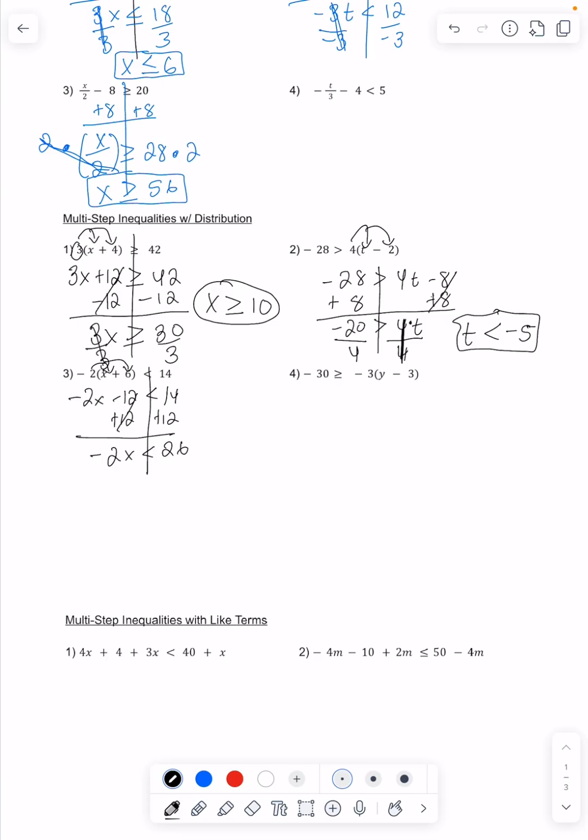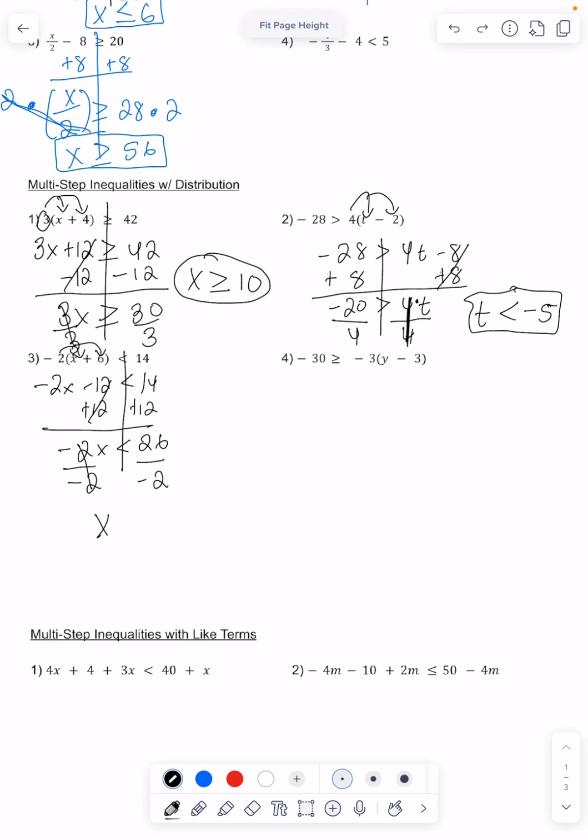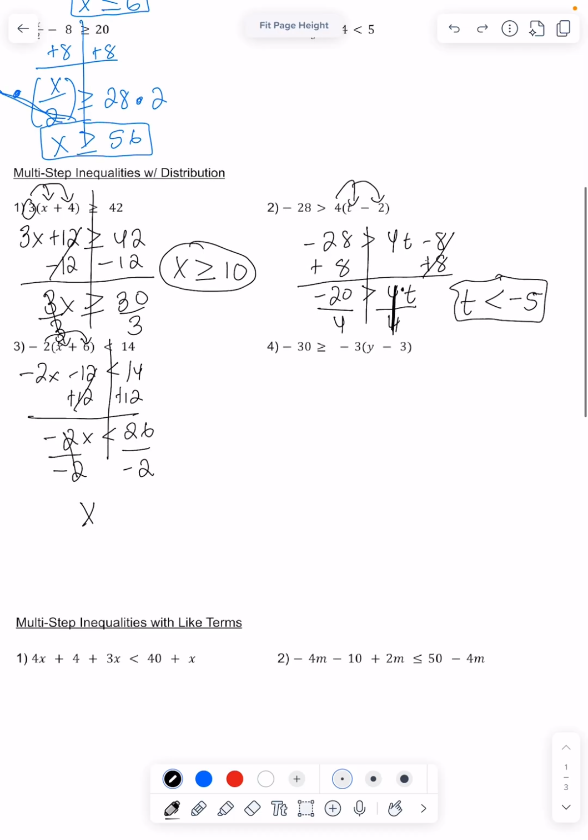Here we have another instance where we're dividing both sides by a negative. Since we're dividing by a negative, instead of less than, it will switch the symbol. So it'll be x is greater than negative 13. Again, the answer is all the values of x that are greater than negative 13.